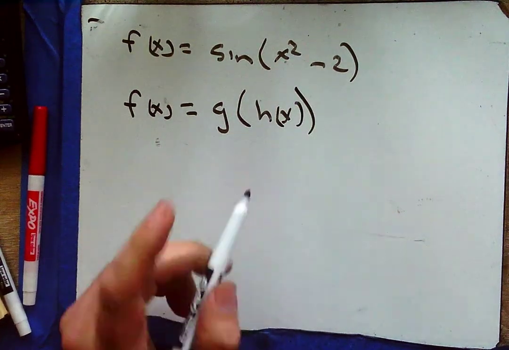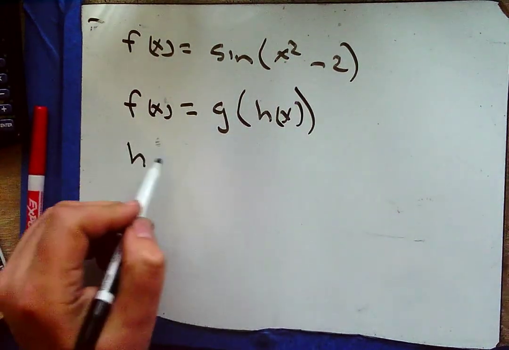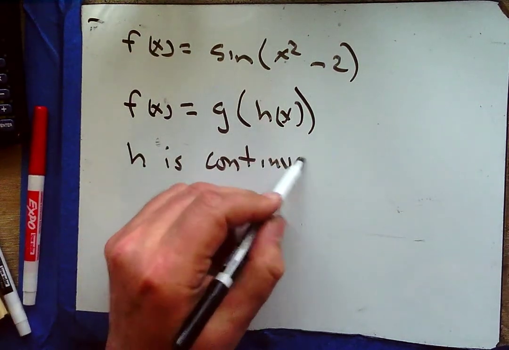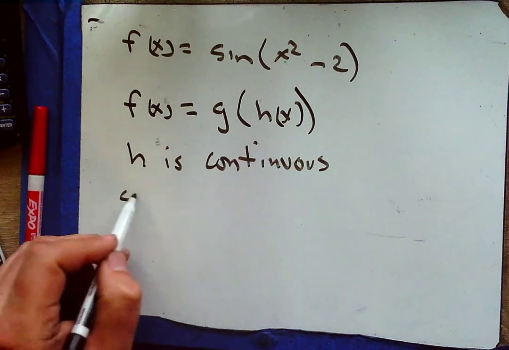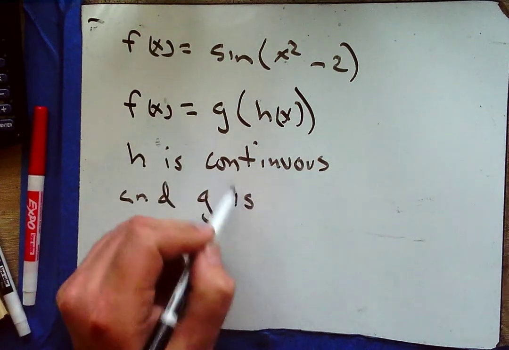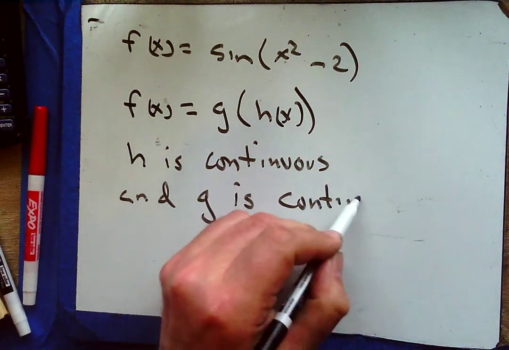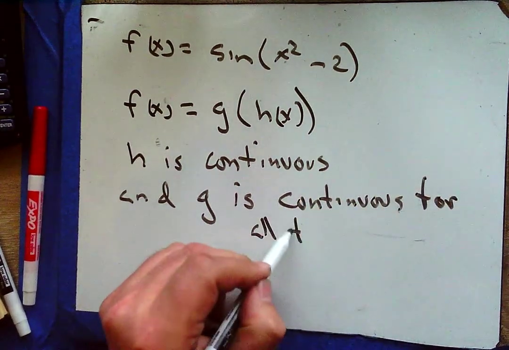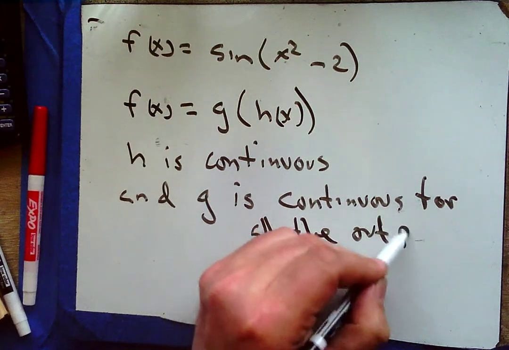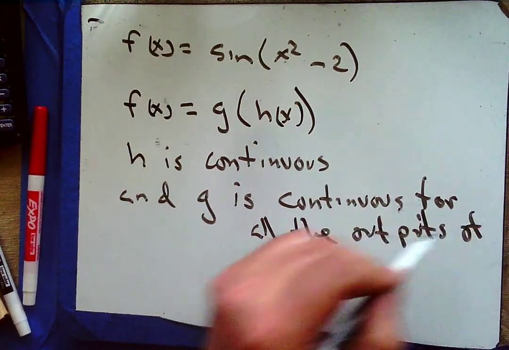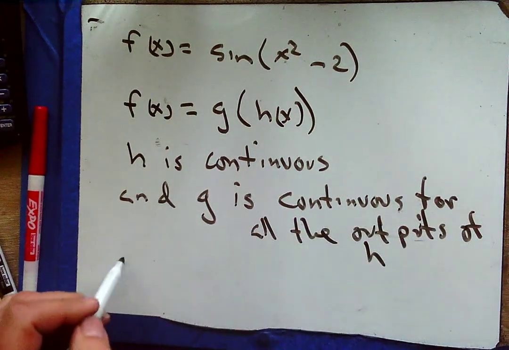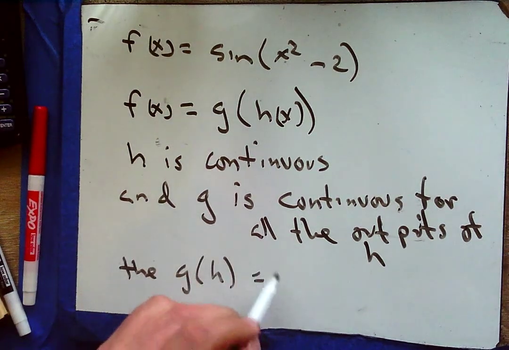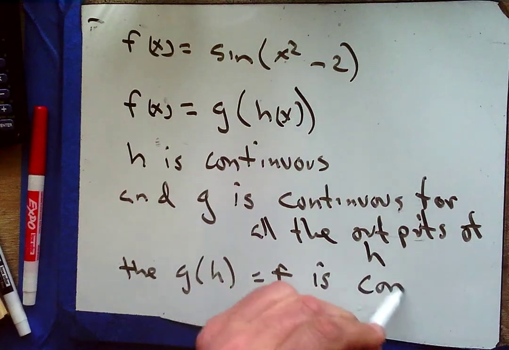And theorem 7 said if h is continuous and g is continuous for all the outputs of h, then g of h equals f is continuous.